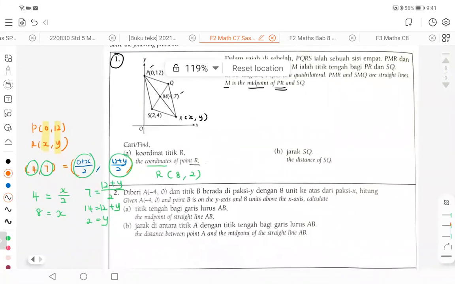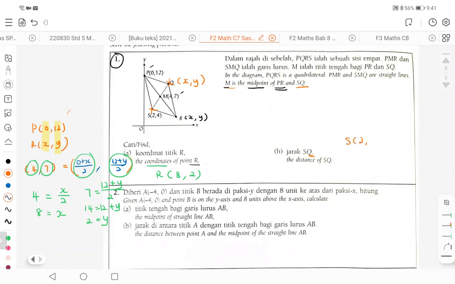Then the next one, 1B, to find the distance of SQ. M is the midpoint of SQ. We have to find out the coordinate of Q first before we get the distance. Same thing like this. Let Q be x, y.